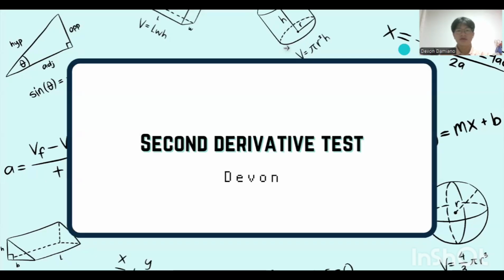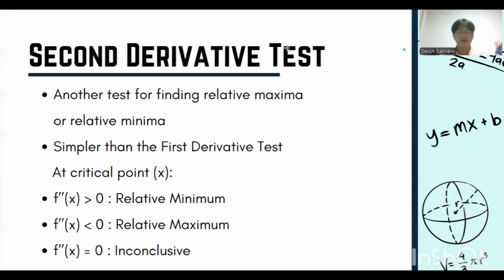We have the second derivative test, which is another way of finding whether a critical point has a relative maxima or relative minima. Sometimes this test is used instead of the first derivative test because it is simpler to use, because by using the second derivative, you can have fewer variables or maybe lower powers to work with.